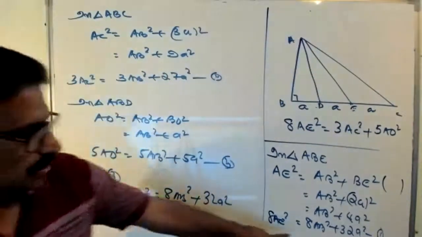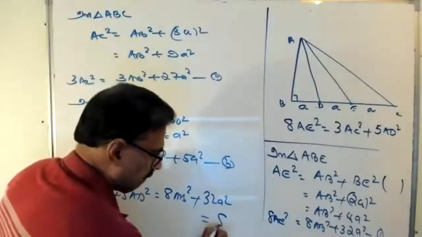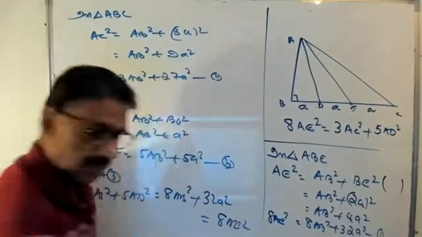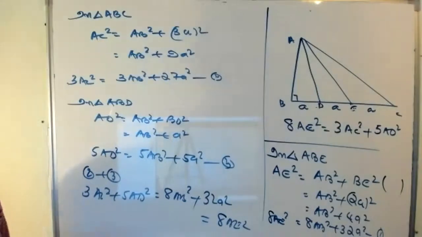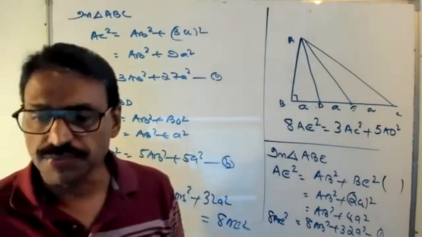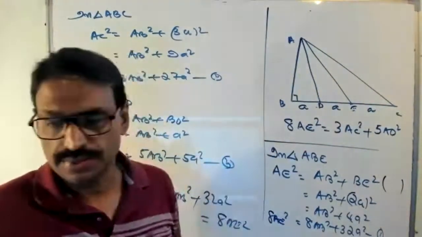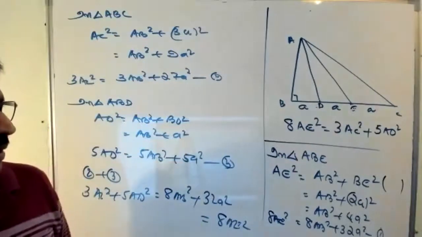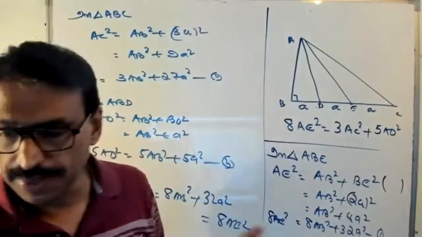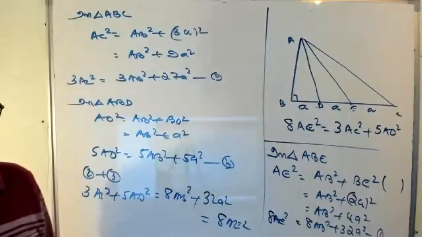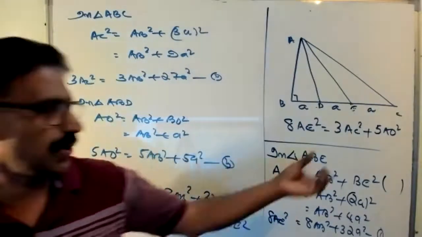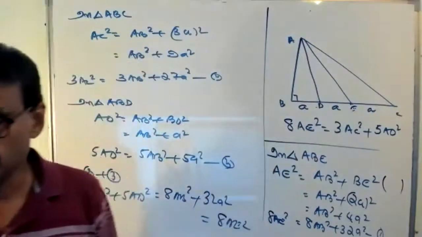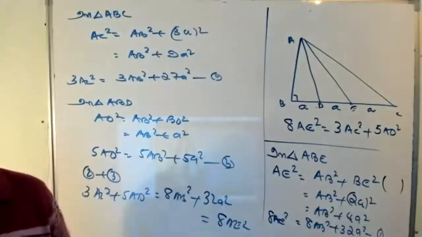Look at here, this is equal to what? 8A square. Okay, clear now? Is it okay? Step by step, first you find out A square, multiply by 8. Then you find AC square, multiply by 3. Then you find AD square, multiply by 5. These two add, we get this one. From RHS you will get LHS.